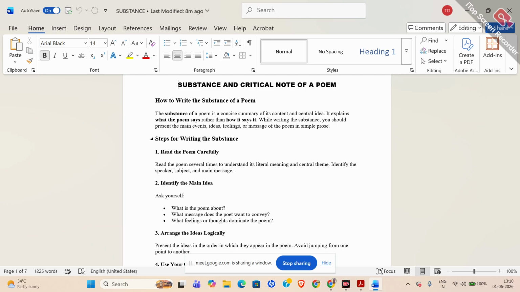এবং এখানে কিন্তু আমরা প্রথমে সাবস্টেন্সের বিষয়ে we will not be concerned with how he says it, how he or she is saying it, কিভাবে বলছেন তা নয়, কি বলছেন. So we have to keep ourselves confined to the exact idea that is expressed in the poem যেটা তোমাদের দেয়া হবে। এই কবিতার বাইরে গিয়ে কিন্তু তুমি কিছু বলতে পারবে না। ধরো ড্যাফোডিলস, আমি জাস্ট একটা এক্সাম্পল দিচ্ছি, by William Wordsworth.